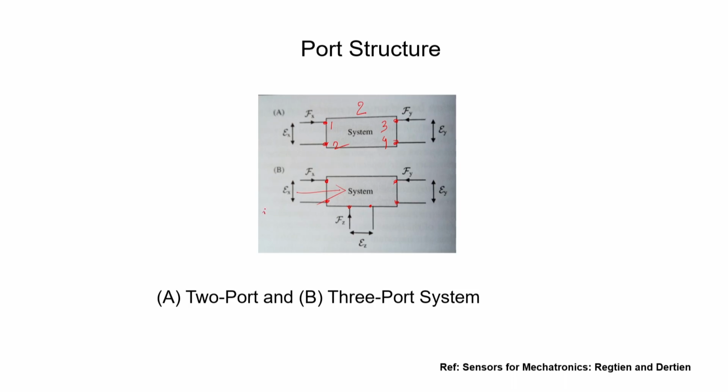So this may be the measurand end, and this may be for modulation or interrogation. This is the auxiliary port, and then this is the output. So this is a 3-port system. So 3-port and 2-port systems you can clearly see.